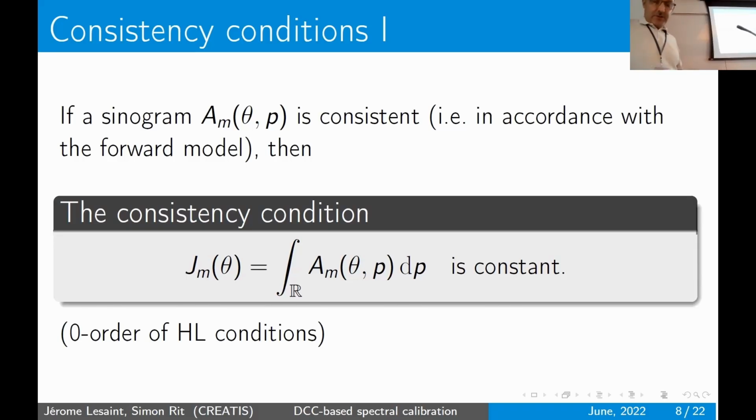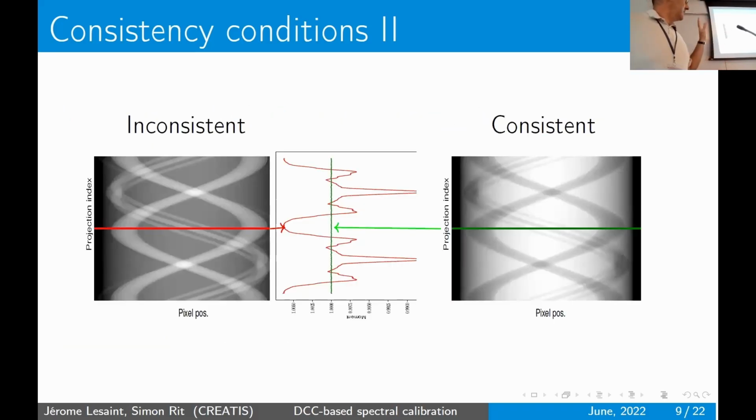To get more insight: on the left-hand side, this is a low energy sinogram. If we plot the corresponding function, taking for each projection, each row of that sinogram, the integral, you get the red curve.